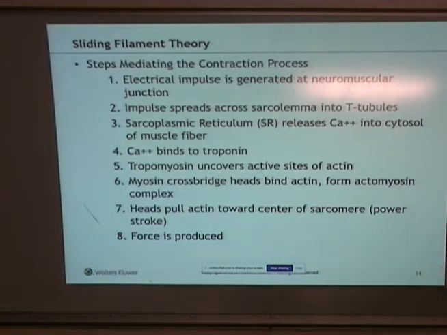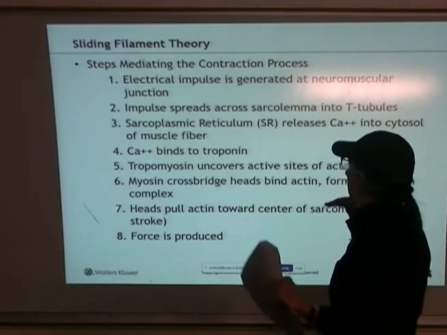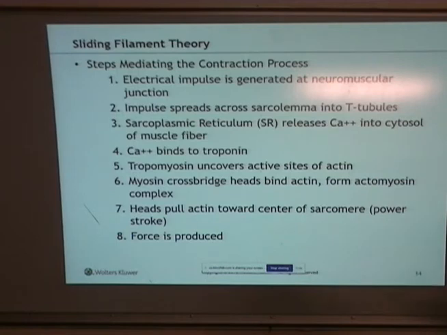That calcium will then bind to the troponin part of the actin molecule, and as it binds, it changes the configuration of the molecule a little bit. And that allows tropomyosin to shift off the receptor site, and then the myosin head can attach, and we have a cross bridge. Remember that the head of the myosin molecule is on a hinge, so it can move.